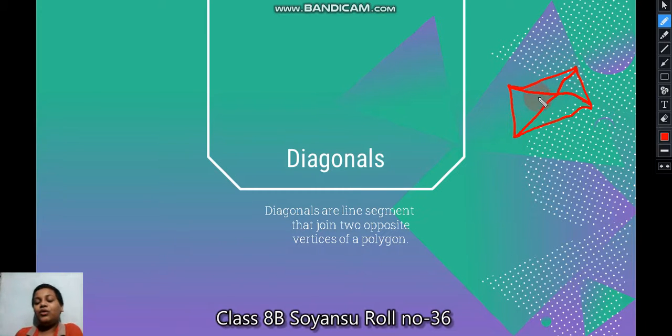Pentagons, which have 5 line segments, also have diagonals, like this, like this, like this. So every polygon has diagonals except triangle.